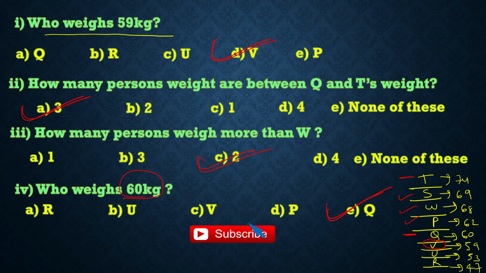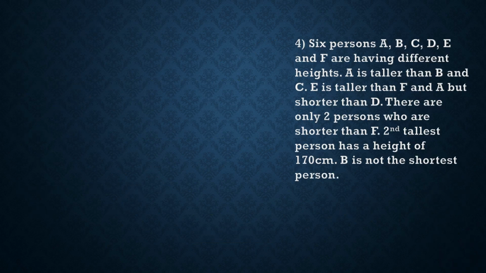So if you have the right arrangement, you can solve the questions asked very quickly. Fourth question on your screen and your timer starts now. Try to solve it. The associated question will be solved later, but solve the arrangement first.